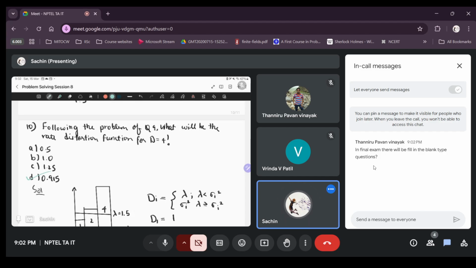There will be a Q&A section where there's an email group, right? Click on the Q&A section. It'll take you to an email group. You'll have to ask there what type of questions will come, because those are the people who actually set the paper. And the professor is also included in that group, I think. I don't set the papers and I don't have access to previous year papers.